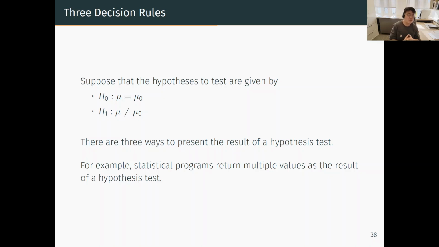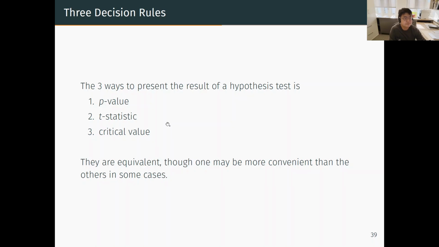Or you can think about other decision rules that are different but consistent. So we are going to think about three different ways to present the result of a hypothesis test.